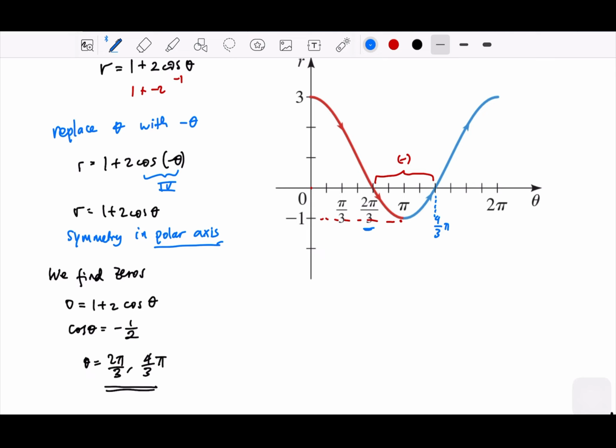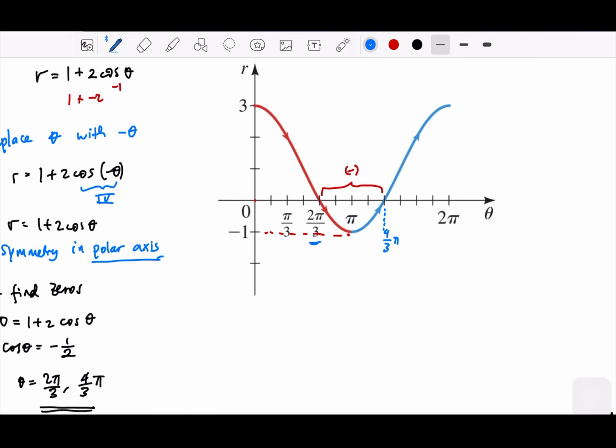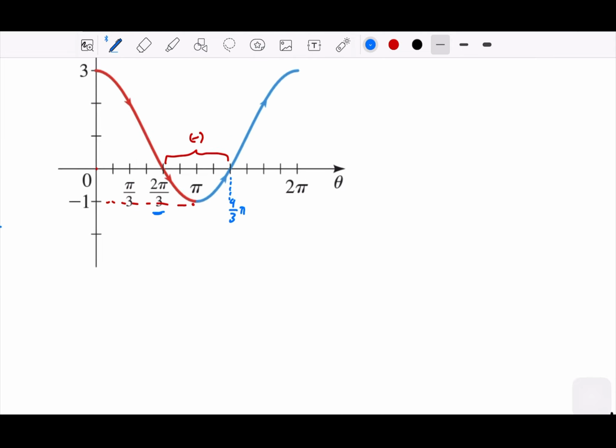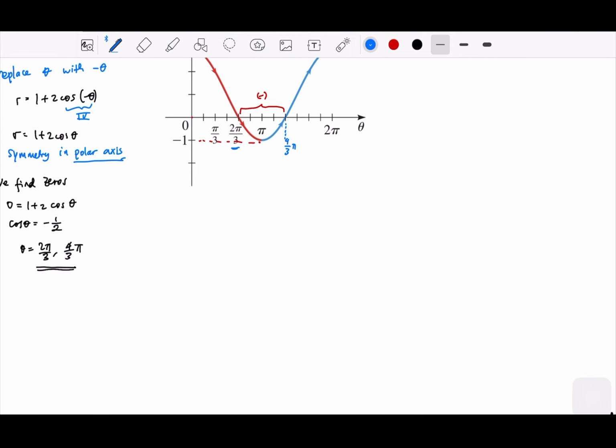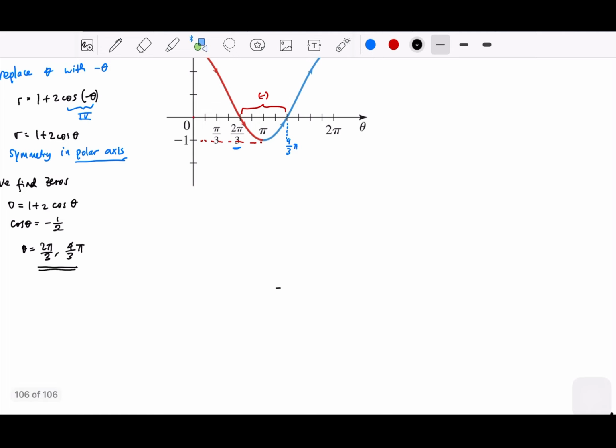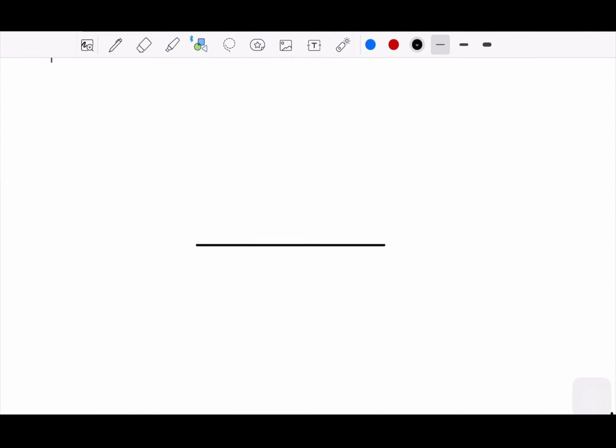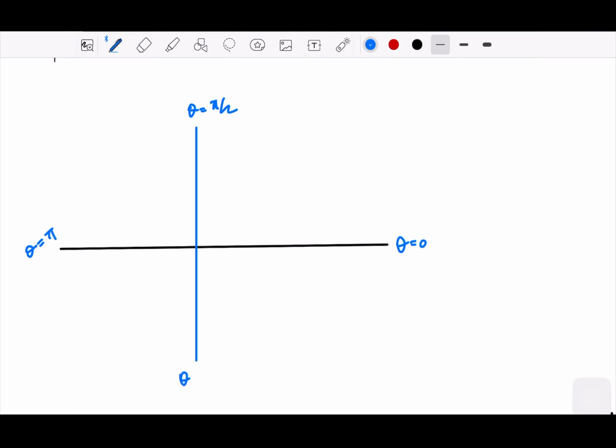And then after that, we can take this into our sketching. We start by taking the polar axis, and then another axis for theta. So this is theta equals 0, theta equals pi/2, theta equals pi, and theta equals 3/2 pi.